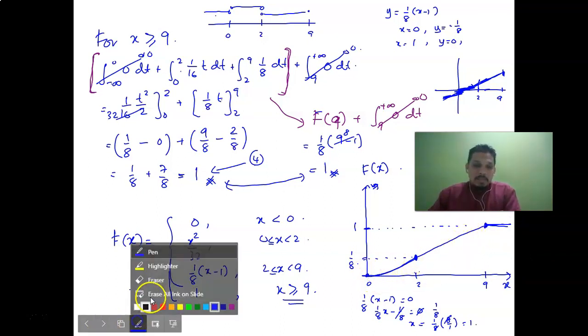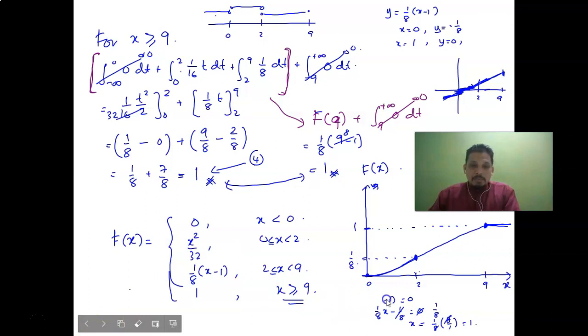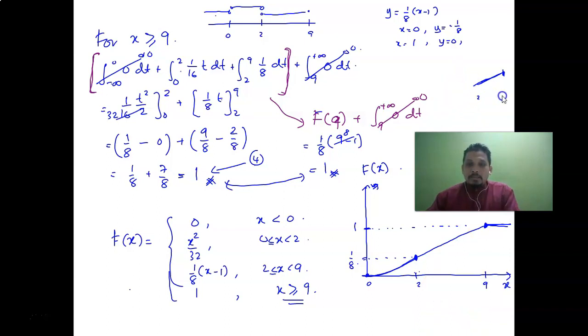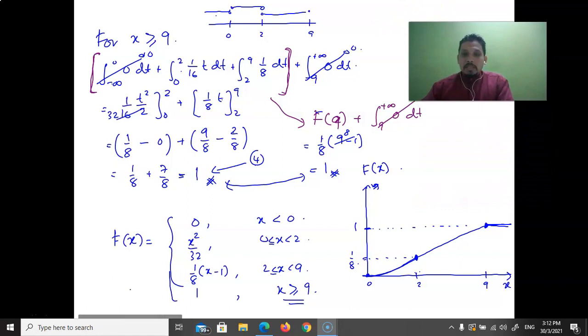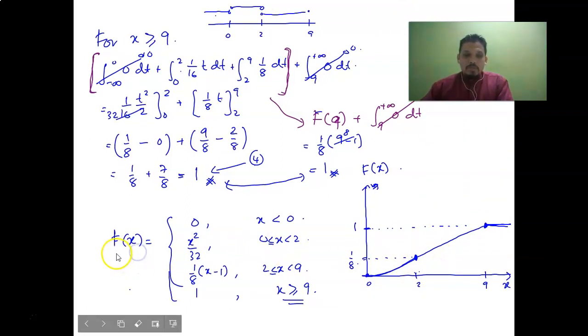Okay, so I'll clear this first, and also here. So class, this is the graph for this cumulative distribution function.